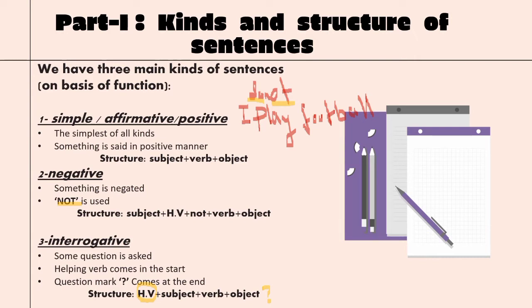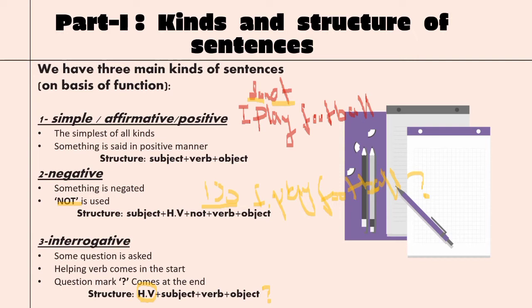For example, if we take do I play football, so here do is coming at the start, then subject, then verb, and then object, and then question mark. So this is a kind of sentence called interrogative sentence.